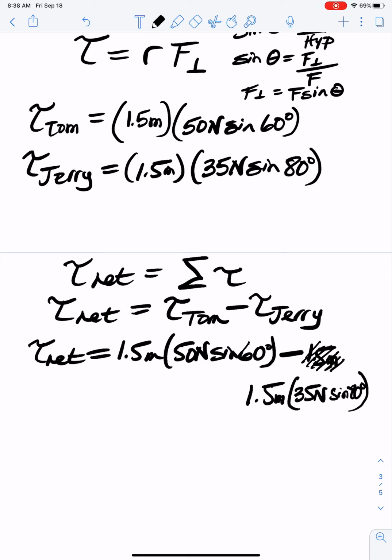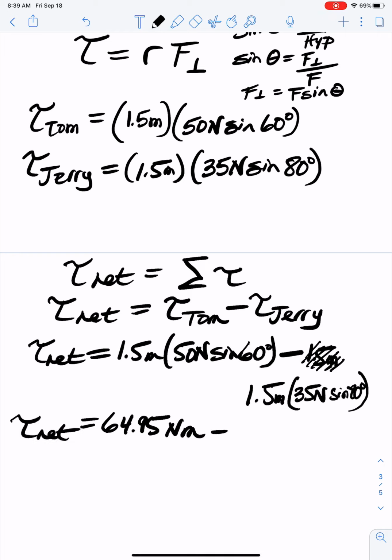So we end up getting 1.5 times 50 times the sine of 60. Sine of 60 is that nice one, I think. No, that's the 0.866 here. Okay, so 64.95 Newton meters.